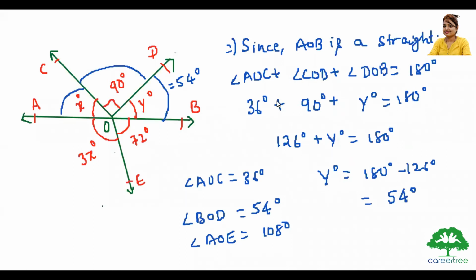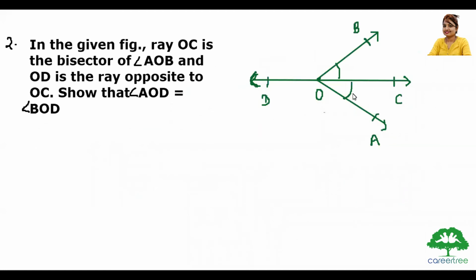Now the next question is this given figure. In this figure, the given information is: ray OC is the bisector of angle AOB. This is AOB and ray OC is this OC. So OC is the bisector of angle AOB. It means this angle is equal to this angle.